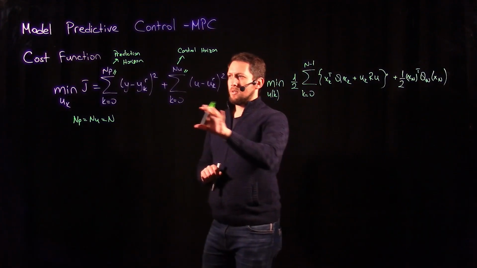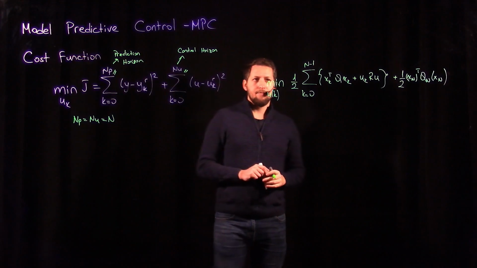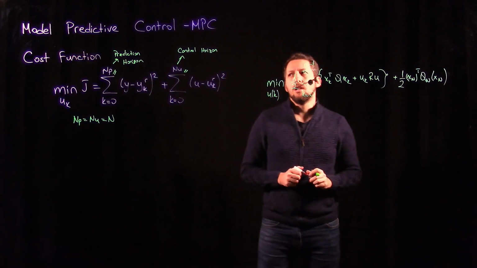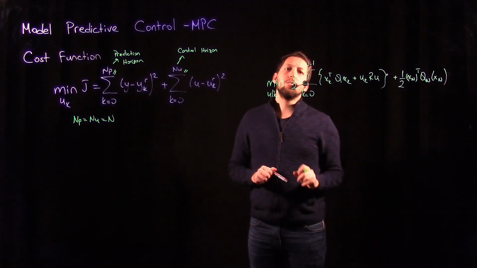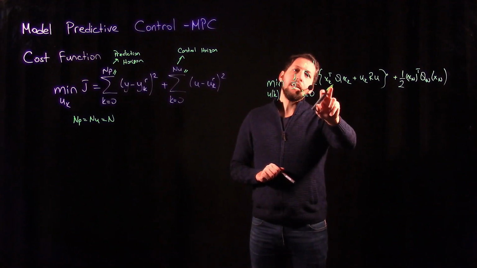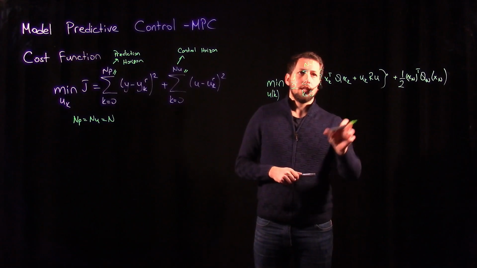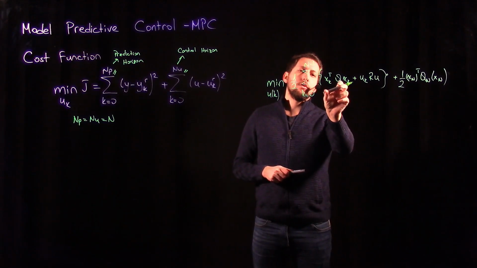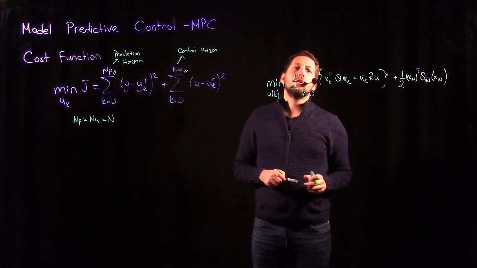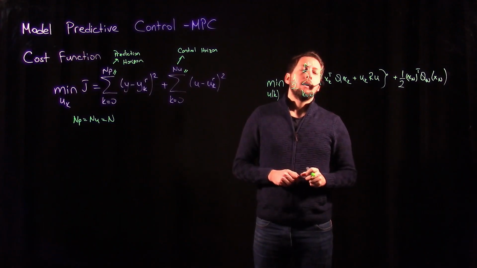They are more or less identical from the structural point of view, but in this one we are using states instead of the outputs. It's again quadratic because it includes the squares of each state and the input.